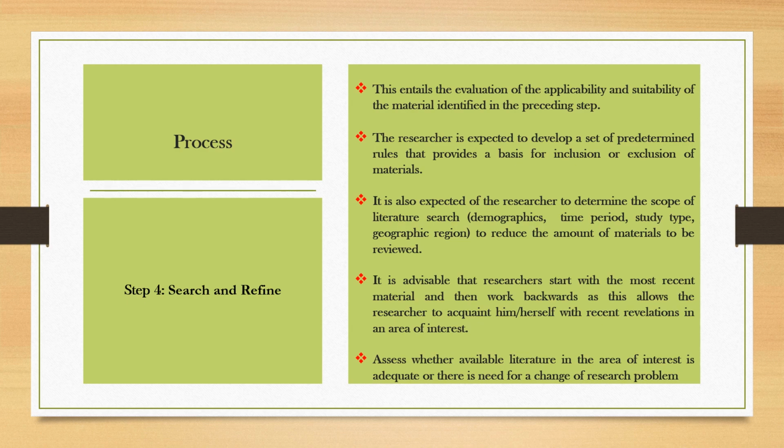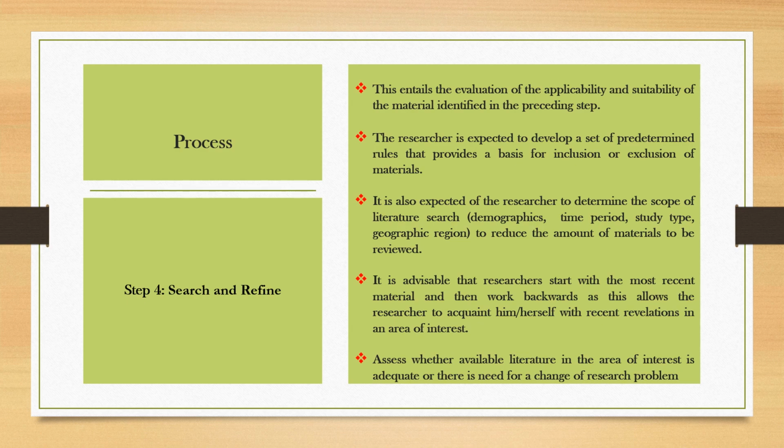And the researcher here is expected to develop a set of predetermined rules that provides a basis for inclusion or exclusion of materials. It's also expected of the researcher to determine the scope of literature search. Is it based on demographics, time period, study type, geographic region, in order to reduce the amount of materials to be reviewed? Let me explain this further.